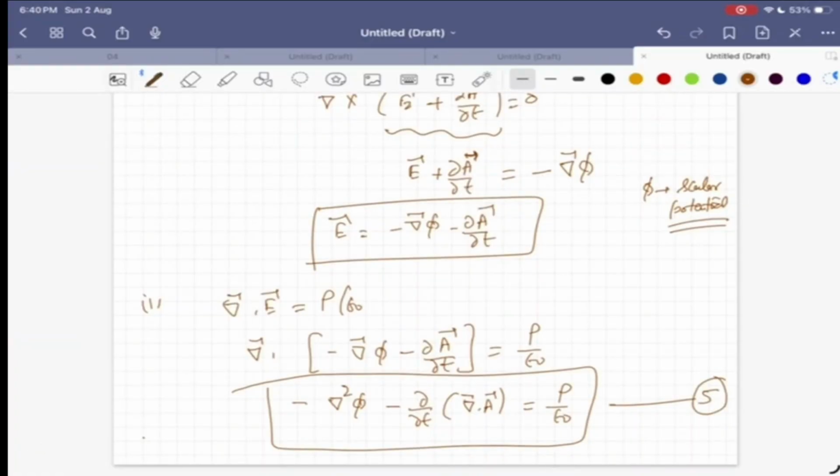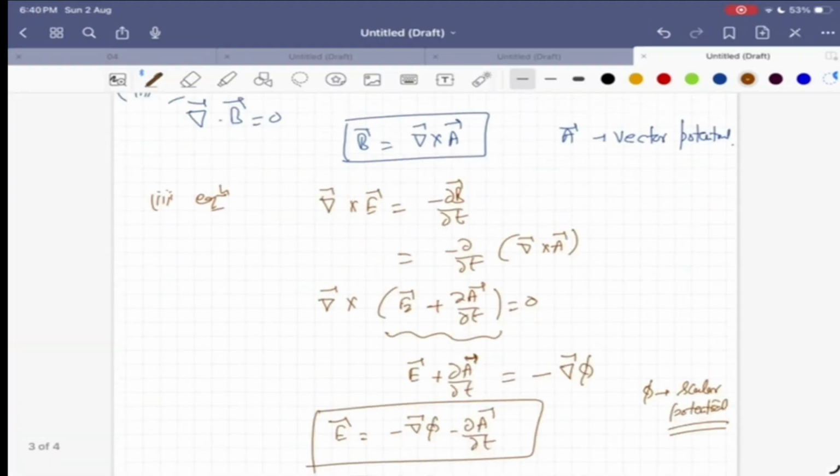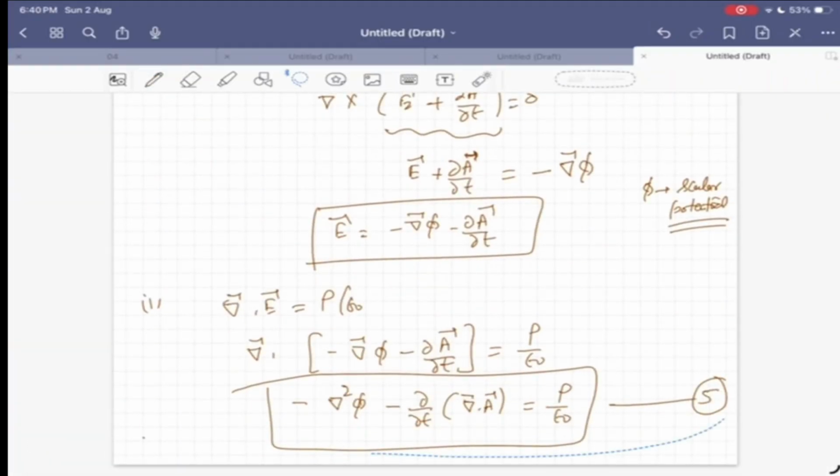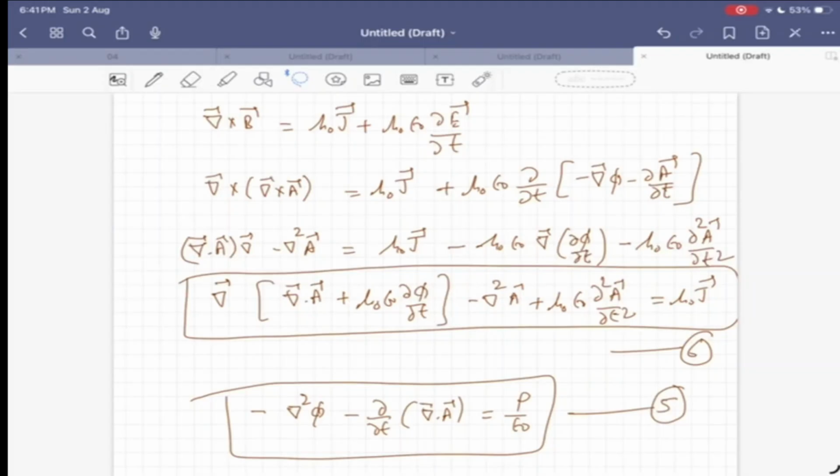If we combine the information in 5 and 6, there are basically 4 equations: 6 has 3 components and 5 has one component, and there are 4 unknowns, namely AX, AY, AZ and phi.